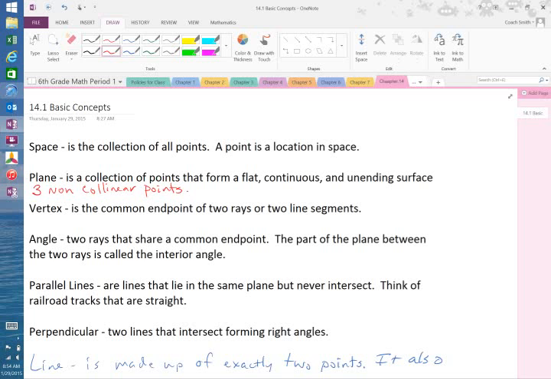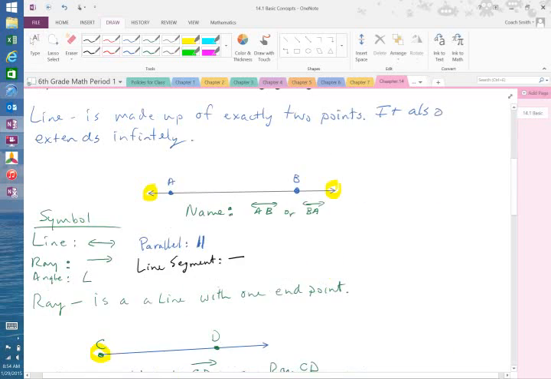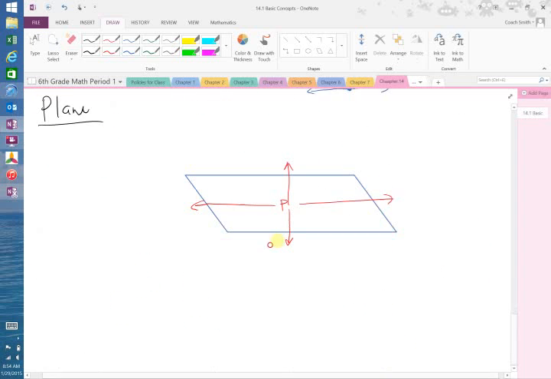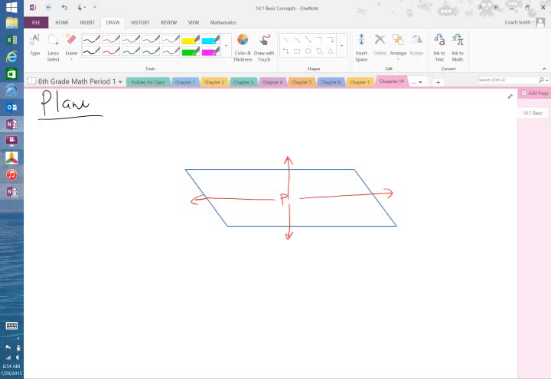In this book, I don't really like that definition of a plane. In other books, they use more of the non-collinear point definition than they do just a collection of points that form a flat, continuous, unending surface. Okay, but that's why we have these lines extending out from point P in all directions.